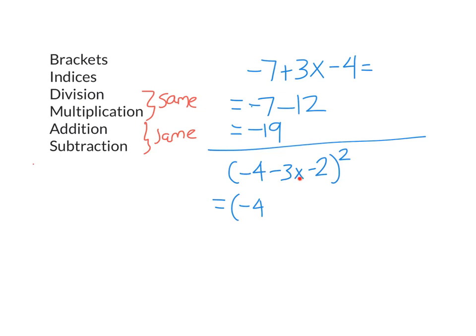So minus 3 times minus 2 is positive 6. So I've got minus 4 plus 6 squared. Now, because the addition's in the brackets, I'm going to do it first. Minus 4 plus 6 is positive 2. And then 2 squared is 4. And then we're done.